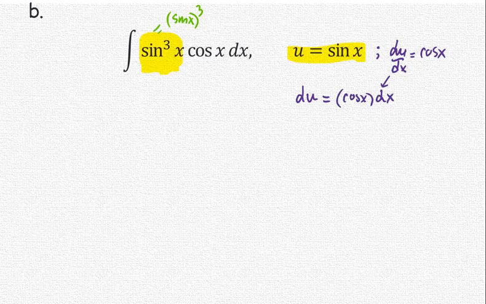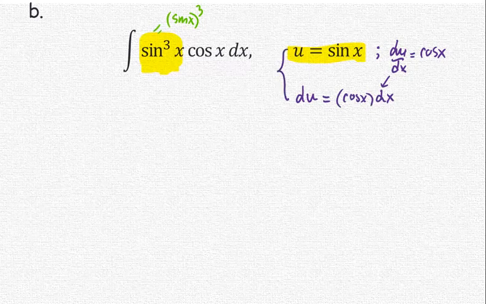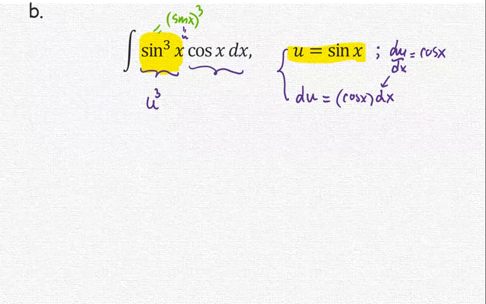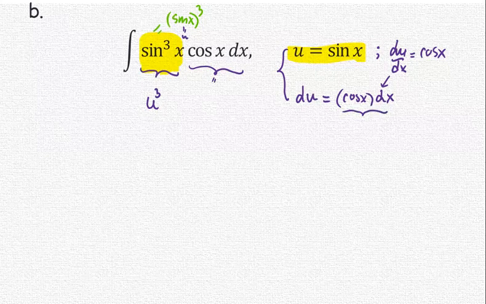Okay. Now we have u and differential du. We're going to substitute into the integral of the original form. From sine x as the u term, the first part here will be replaced with u to the third power, because sine x is u. And then for the rest of the integrand, we have cosine x times dx, which is exactly the same as du. So this part is replaced with du.